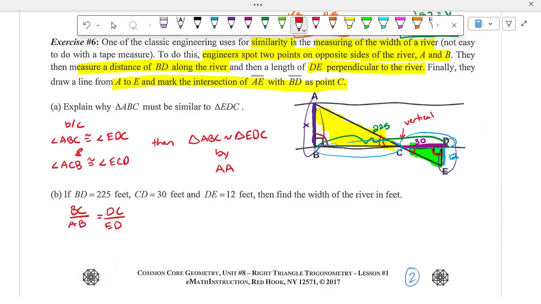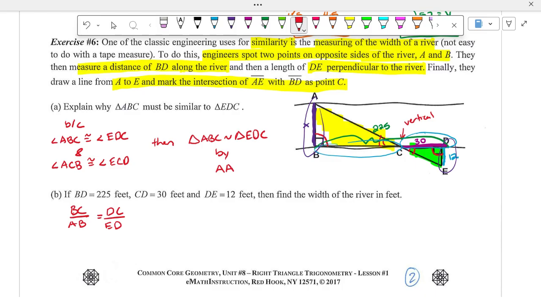But I don't know what the length of BC is yet because they told us the length of BD, not BC. But how can I find BC? We already have a piece of BD, which is 30, and then we have the whole.